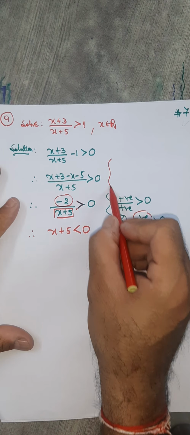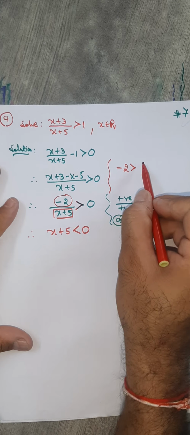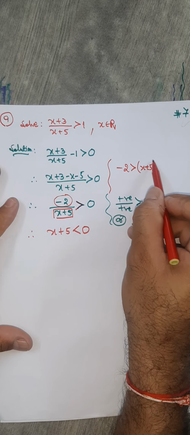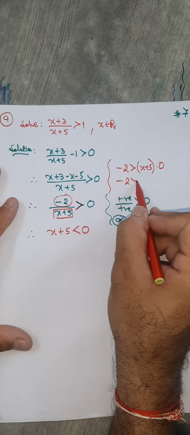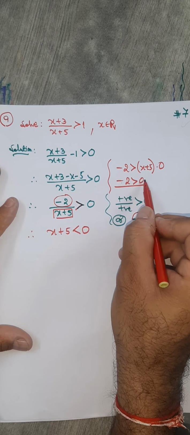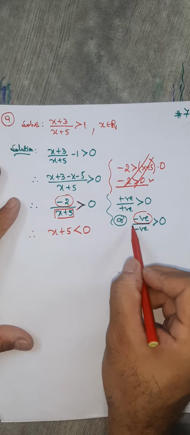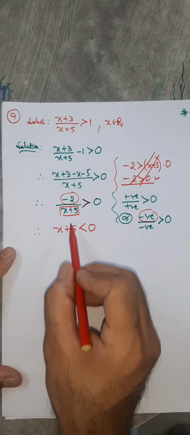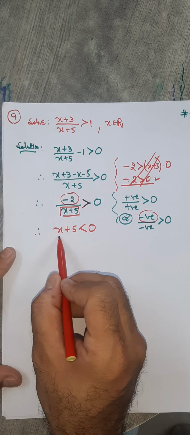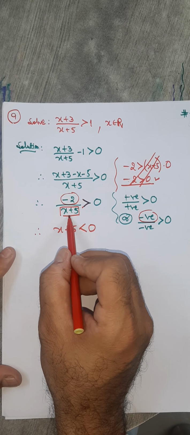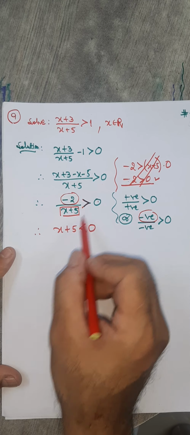आप इसको इस साइड ले लेंगे तो क्या हो जाएगा, -2 greater than (x plus 5) into 0. So -2 greater than 0. ये तो possible ही नहीं. A negative number cannot be more than 0. So this cannot be done. You need to do it like this in ratio questions, remember. Positive, negative and so on. This is negative. This has to be negative. Then and only then the ratio is positive.